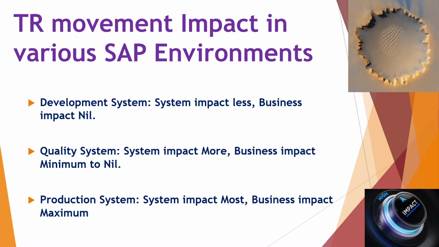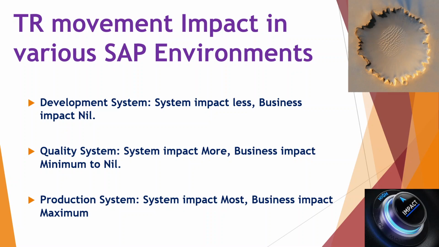Now let's talk about the quality system, the middleman sitting between development and production system. At this place, the system impact compared to the development system would definitely be more, because most of the interfaces are also connected from the quality system only.